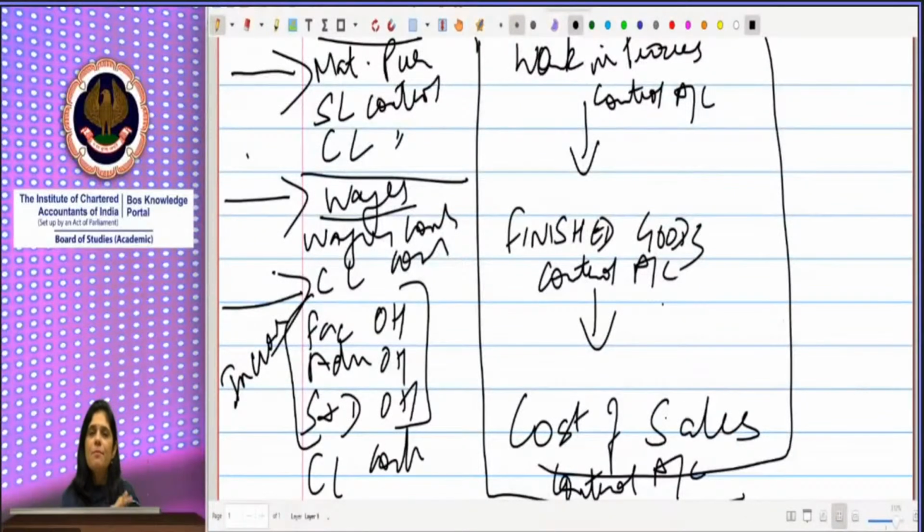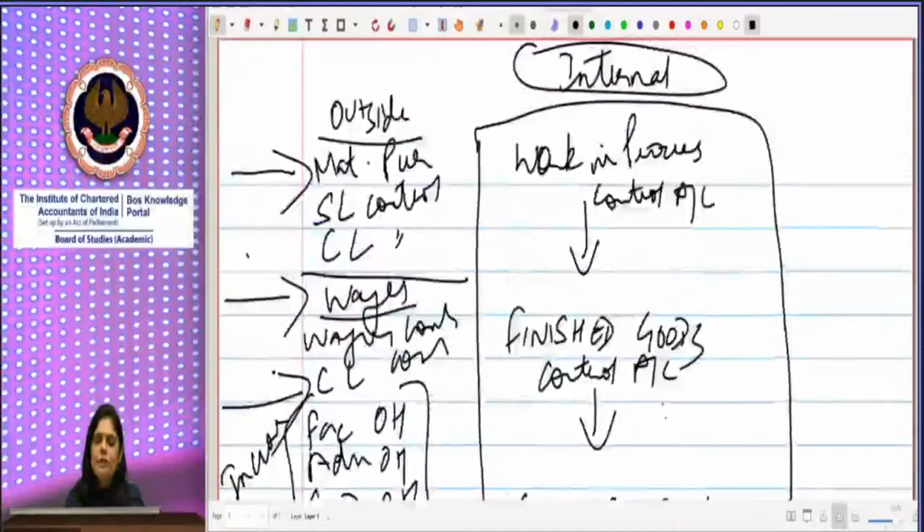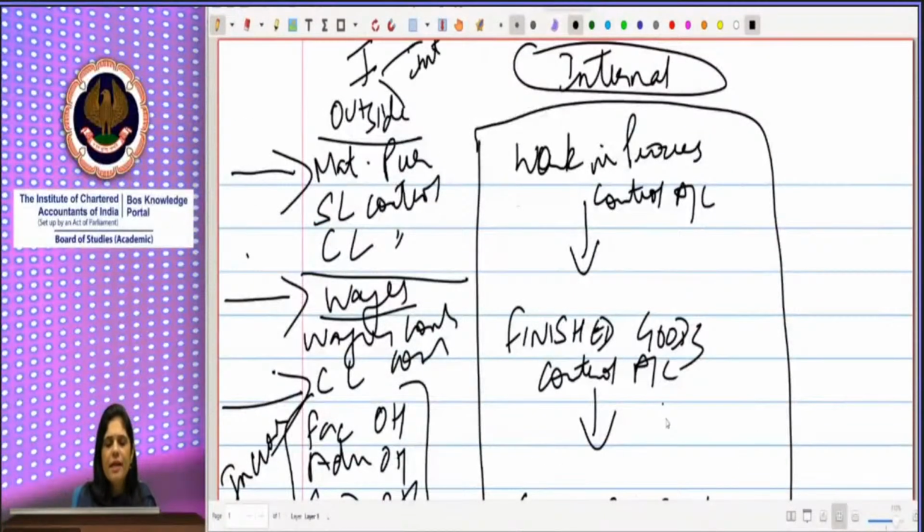So whatever is coming from outside will come through cost ledger control account. Once it reaches the cost accounting system, cost ledger control account has no role to play. Clear?